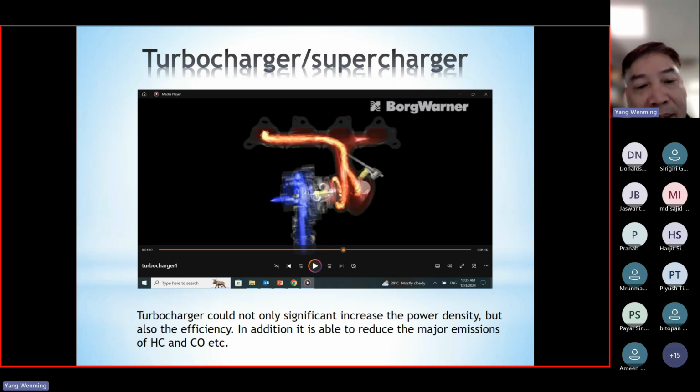Better combustion, yes, better combustion process because of the higher pressure, correct? Higher pressure and higher temperature can enhance the oxidation of HC and CO, thereby improving the combustion process and reducing the major emissions like CO and HC emissions. However, the NOx emission will increase. Correct?